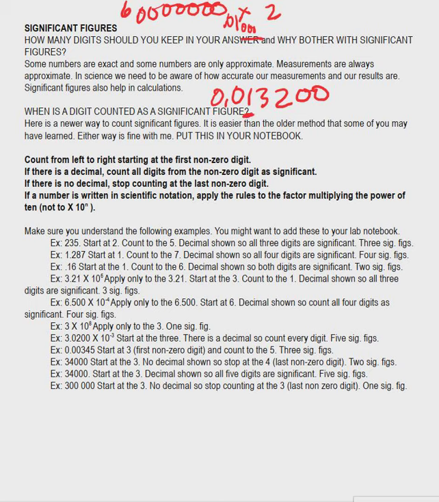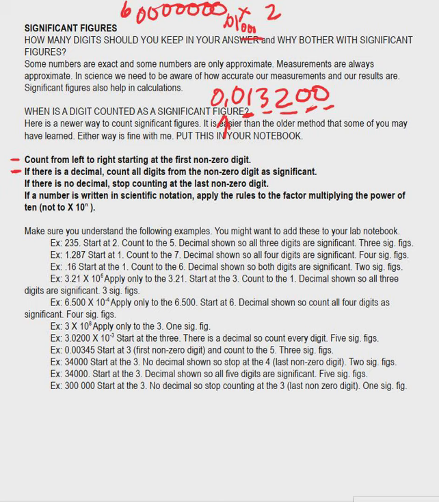That's going to be 1. Then, if there is a decimal, you count all the digits from the non-zero digit as significant. So even though there's zeros after the 2, you include those because there's a decimal point.